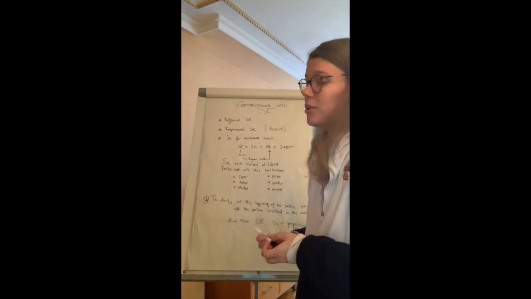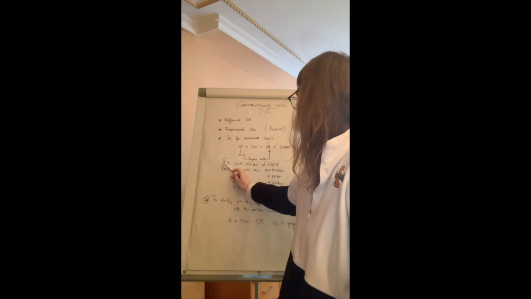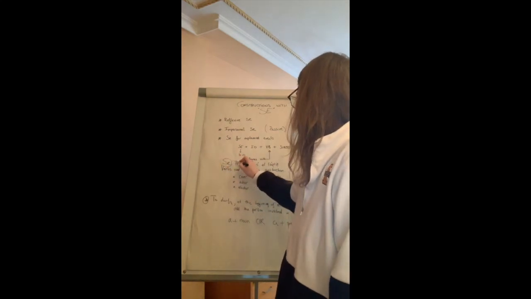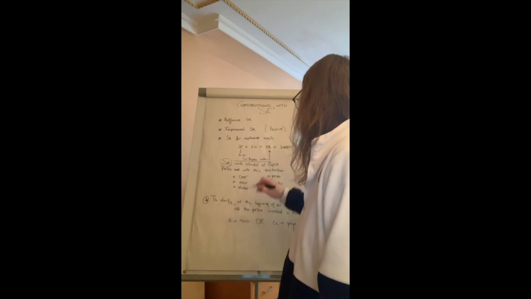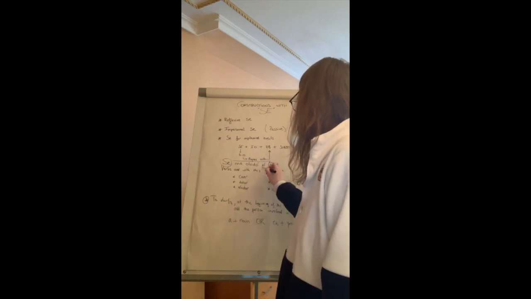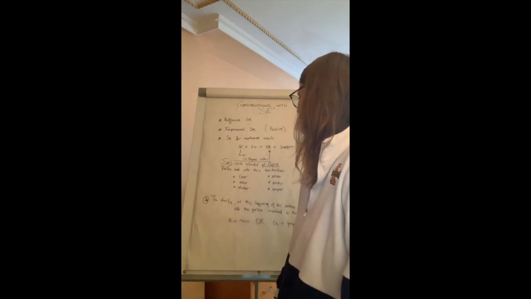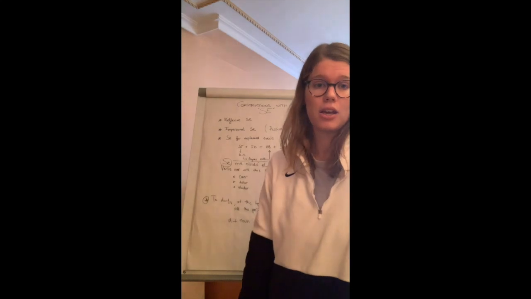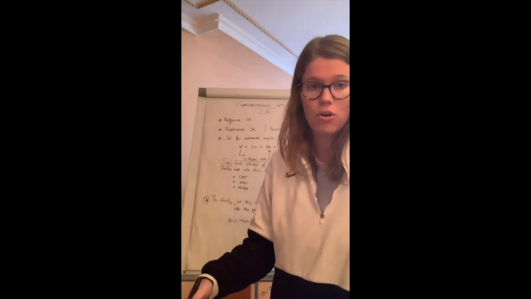Honestly, what the verb here is making reference to is el lápiz. This is what you forgot. El lápiz. But I don't know. You could also say se me ha olvidado.